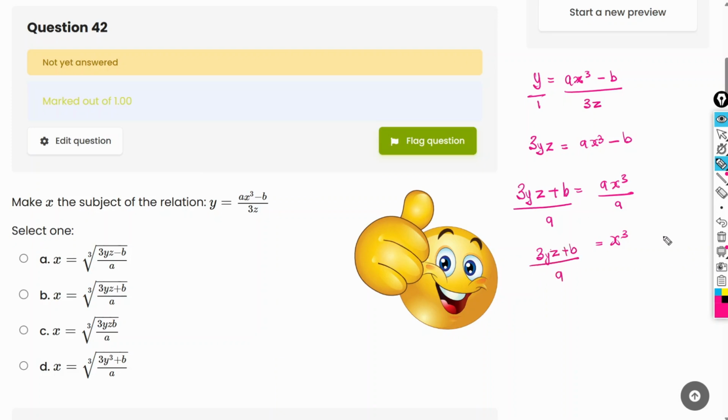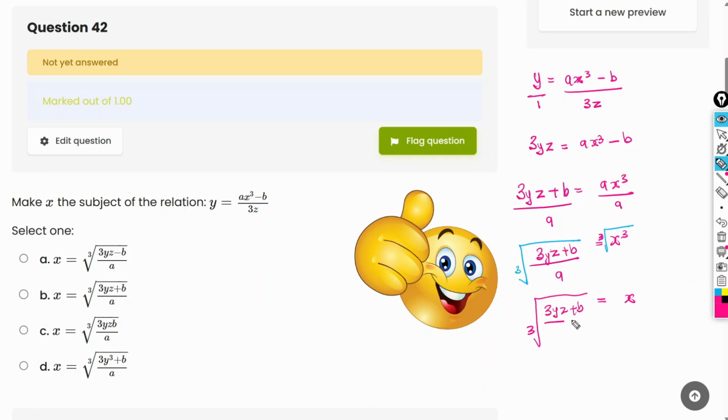And then now you take the cube root of both sides to get rid of the cube. And that would give me x. So x is going to be equal to the cube root of what?